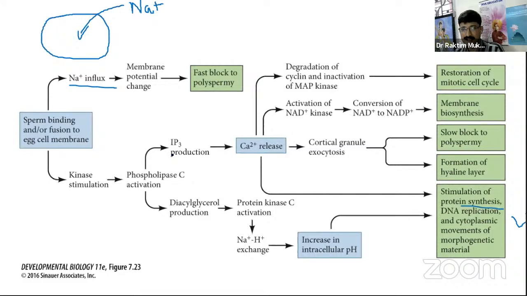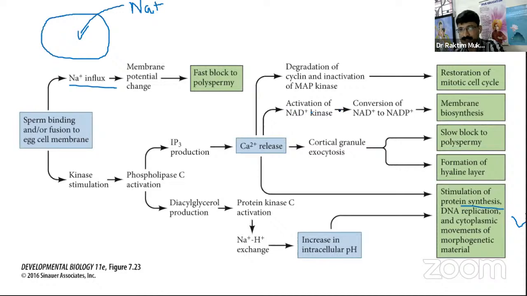Likewise, inositol triphosphate production will lead to calcium release. Once calcium is released, it will lead to degradation of cyclin and inactivation of MAP kinase that will restore the mitotic cell cycle. Earlier it was mitotic arrest.